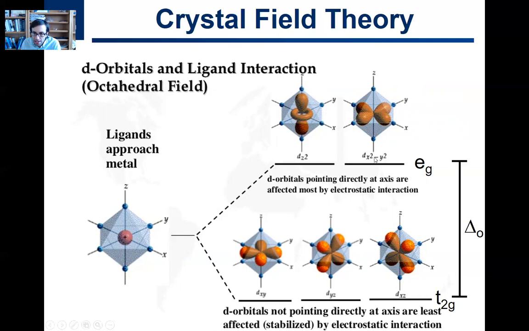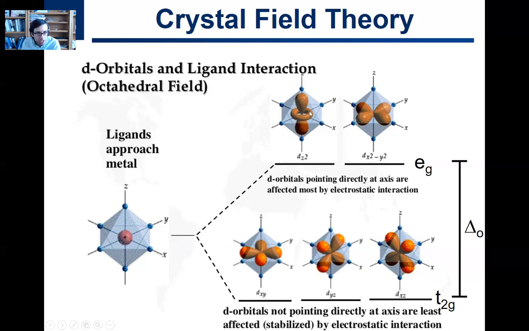Similarly, take a look at dx squared minus y squared. These four lobes are directly interacting with these four equatorial ligands, so these are relatively high energy. It turns out the overall energy is the same, and we'll talk about why. You might be thinking, there are two lobes here and four lobes here.